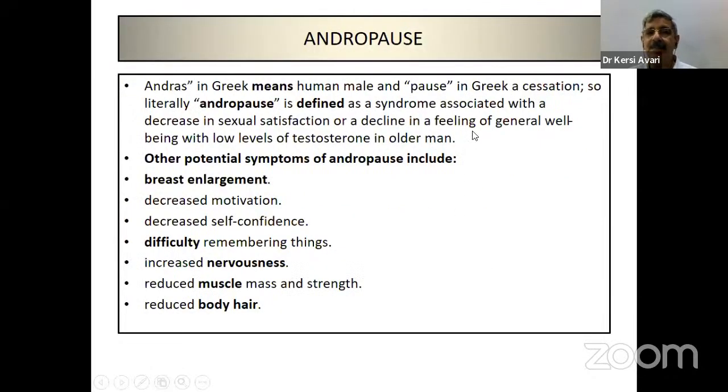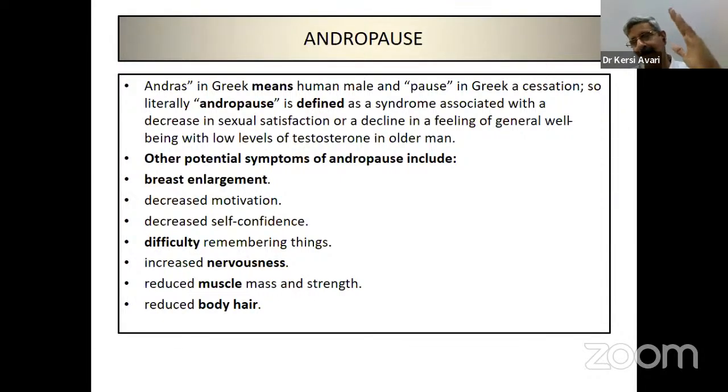Now, similarly in the male, andropause. Andros in Greek means human, pause means to stop. Now we know sexual dissatisfaction commences from the age of 50 onwards, though it depends on the person. Then there are all the other symptoms which occur simultaneously. So we can say, okay, now it's the other side of the slope.